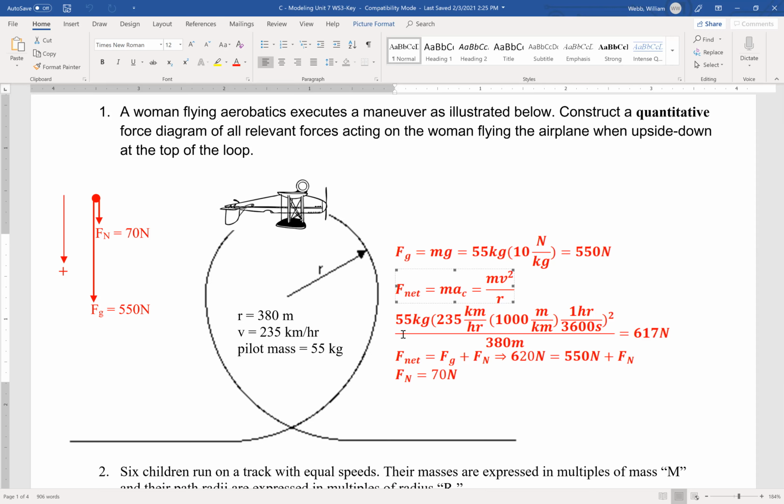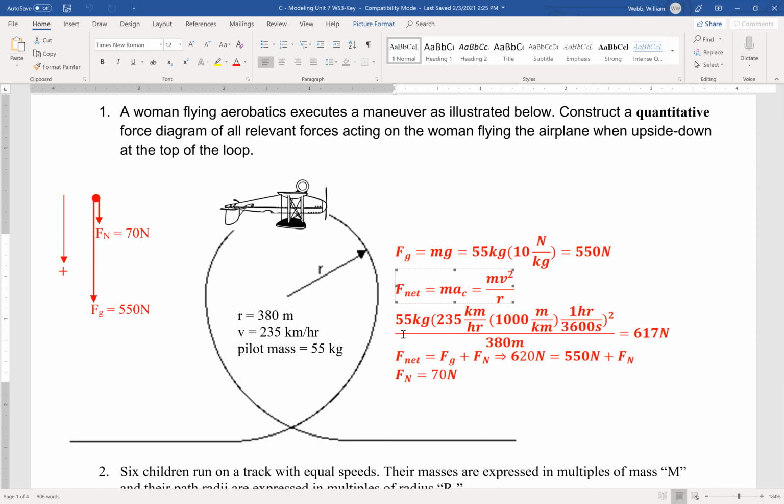Now you don't put the centripetal force on the free body diagram, just like you don't put the net force on the free body diagram as the net force. There are certain circumstances where the net force will be equivalent to a particular force, but that's not the case here. The net force here would be the sum of these two forces. So the net force would be the weight plus the normal force, since they're both pointing in the same direction.